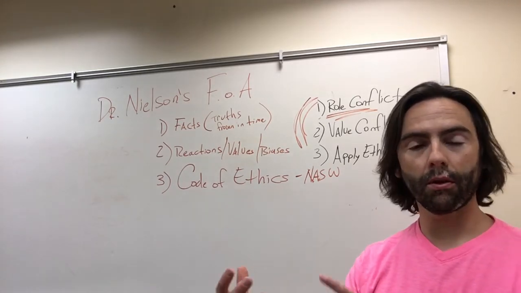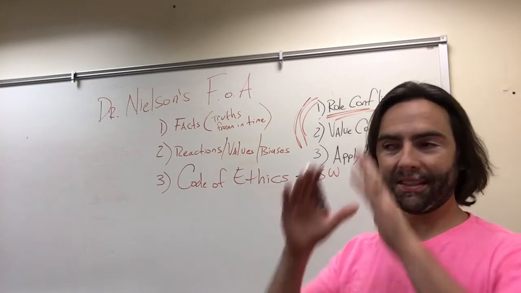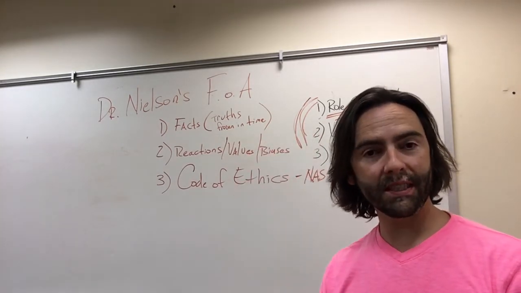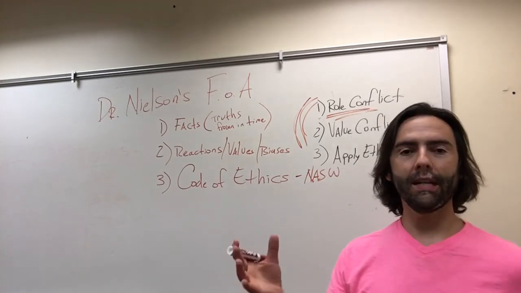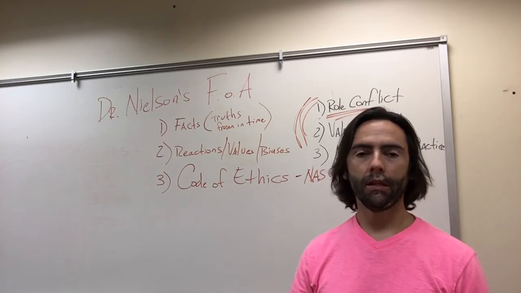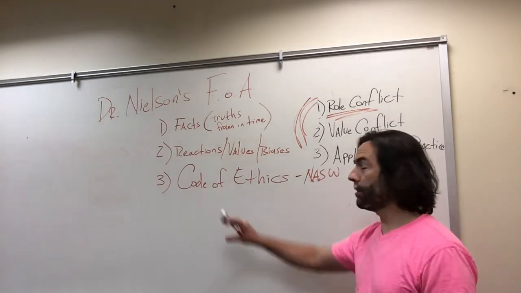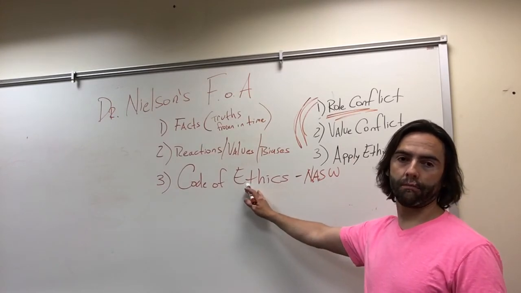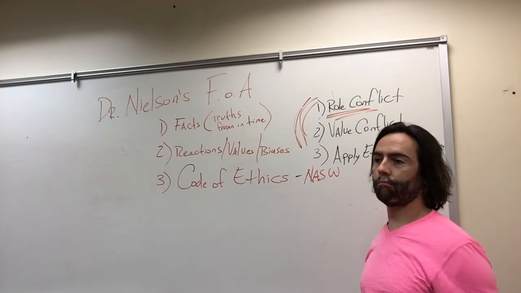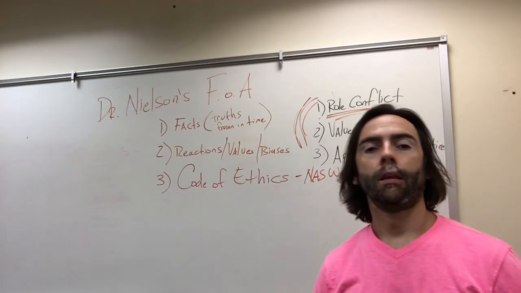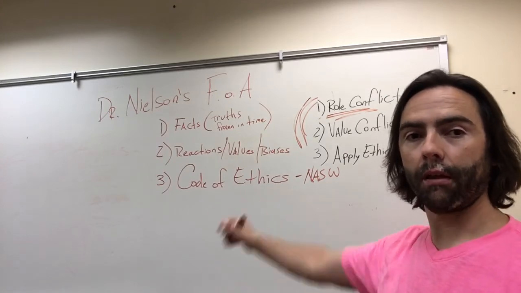Pull out a smartphone, look at the code of ethics. Maybe you're in an office. I like looking at stuff on desktops now because the screen's bigger, especially if I'm reading a lot of stuff. Smartphone's great for texting, or watching stuff, but reading lots of text-heavy stuff, it's not that great. Maybe it's just me. But you got access to the code of ethics, right? You have internet access. If you don't, maybe you can get a copy somewhere. But you want to be aware of what the code of ethics says.